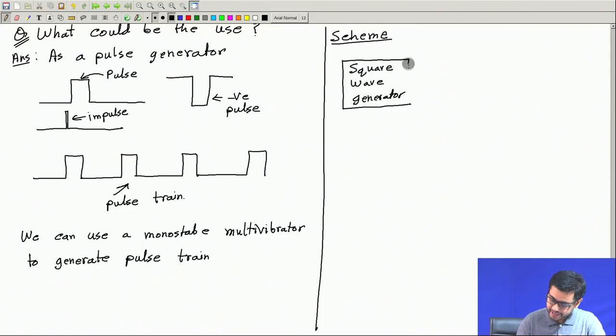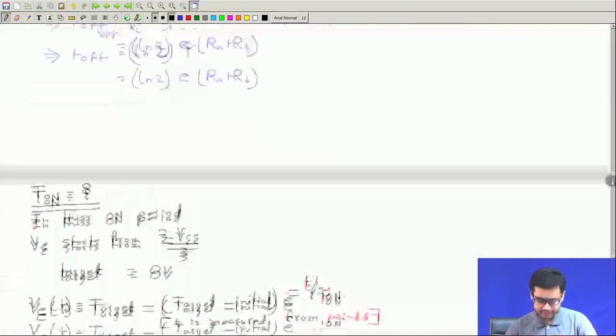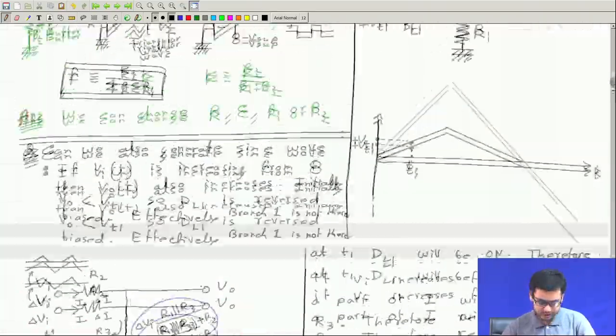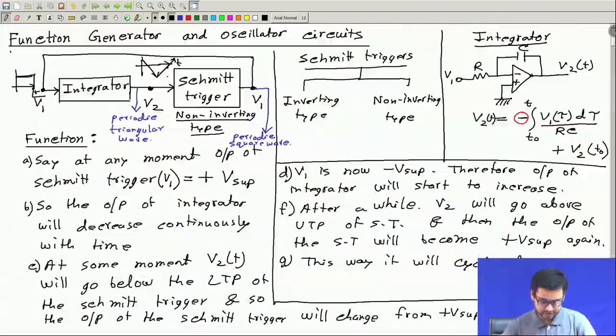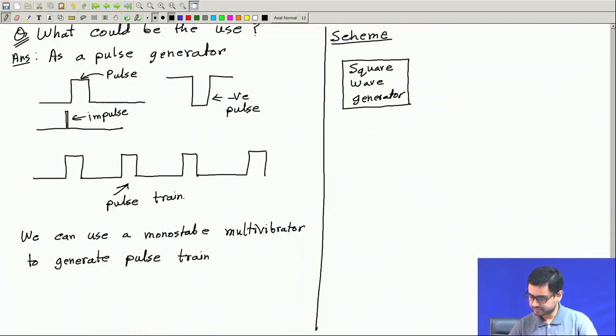and we have already studied this thing. So, you know how to generate a square wave. If I go back, you see this chapter we started with a function generator where we could generate a square wave. So, take a square wave generator.